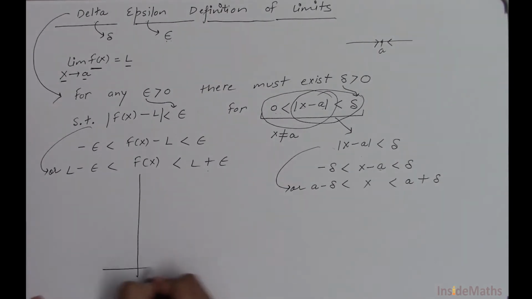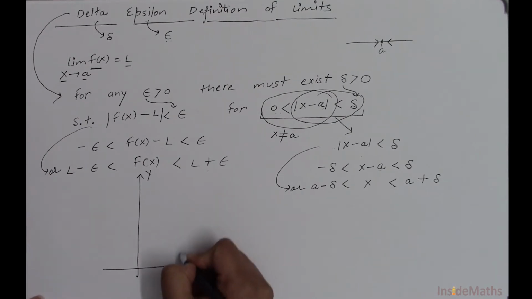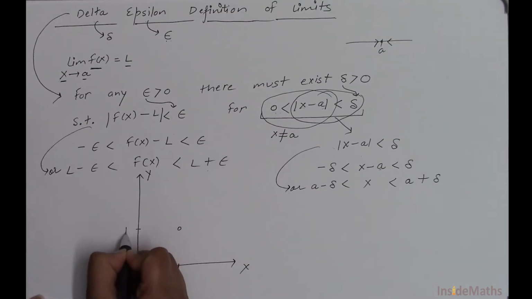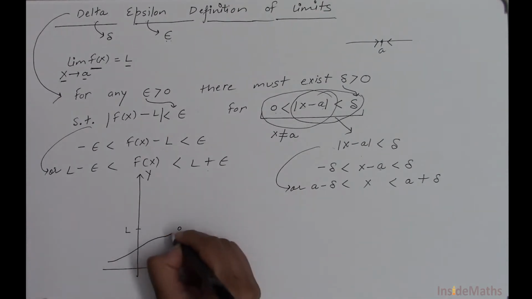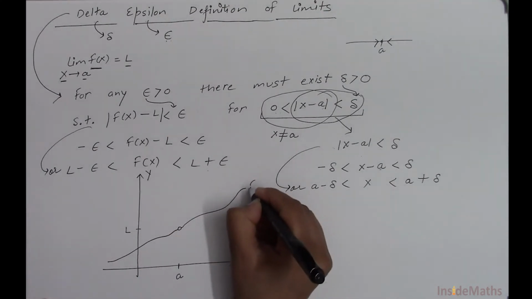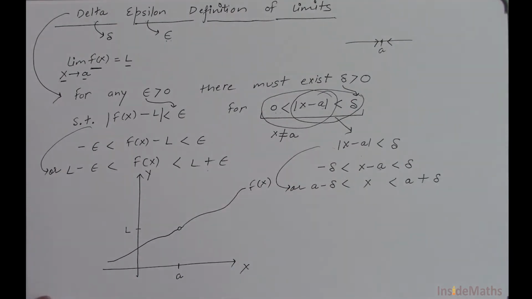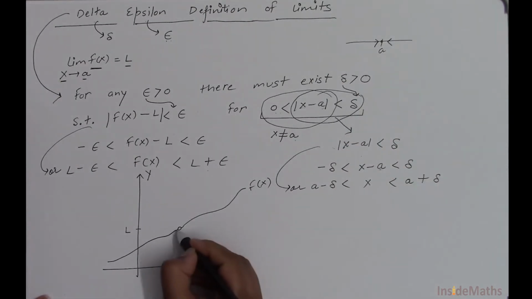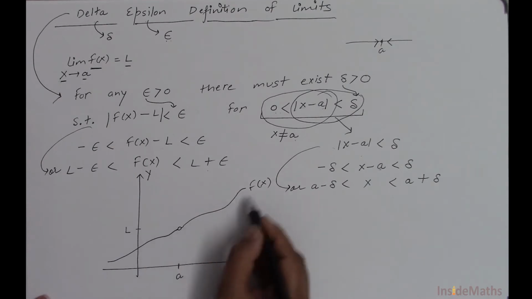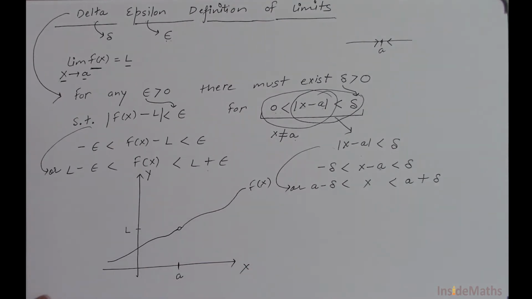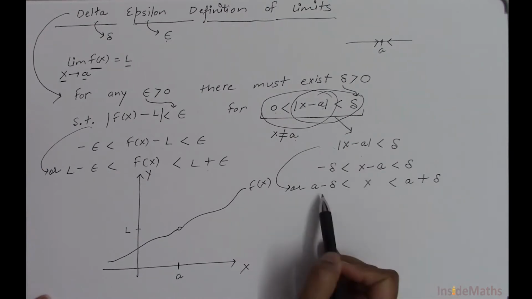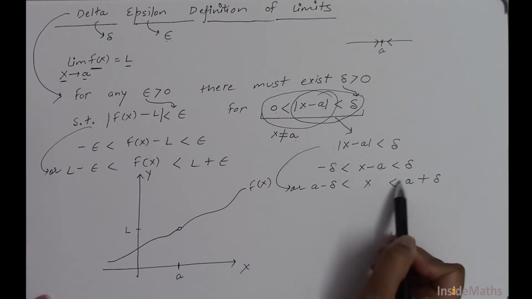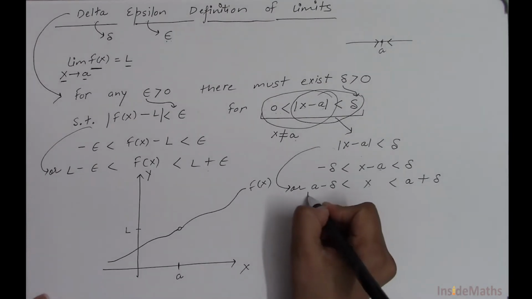Now let's see how it looks on the graph. This is the x-axis, y-axis, and if this is the point a, this is the point L, and let's say this is the graph of some function f of x. Because x is never gonna be equal to a, I did not define this function at the point a. Now here we have a minus delta is less than x is less than a plus delta. Now what is a minus delta?